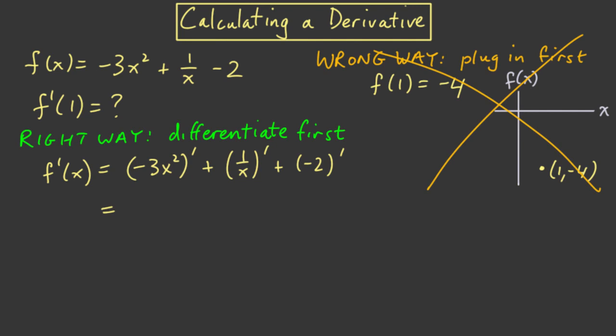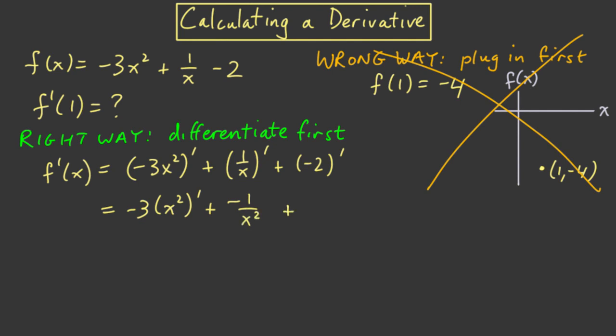So for minus 3x squared, well, we have this coefficient out in front, and we know that when we have a constant times a function and you want to differentiate it, you can just keep the constant out in front. So we'll have the minus 3 times x squared prime, and then we're adding that to the derivative of 1 over x. That we've already calculated. That's going to be minus 1 over x squared.